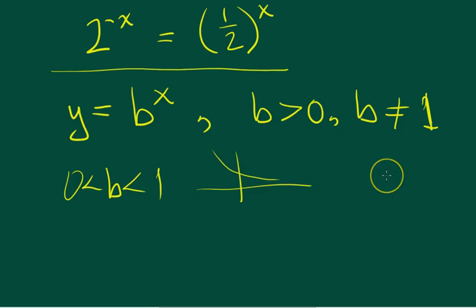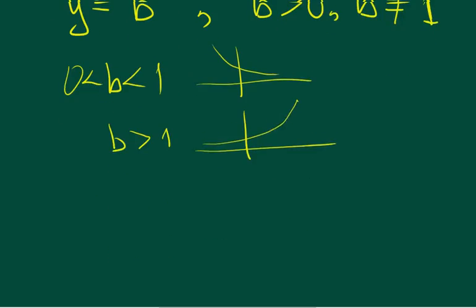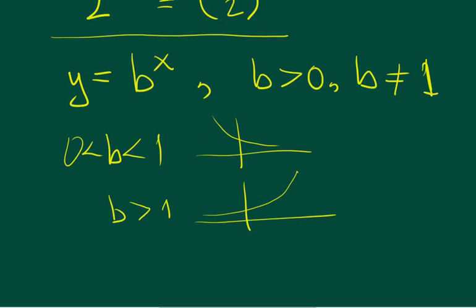That might be easier to think of as something raised to a negative x power. If b is greater than 1, then our picture looks like that. Okay, so that is the end of our introduction.